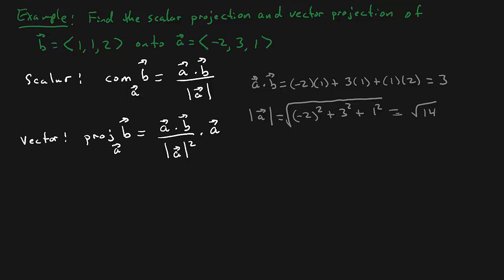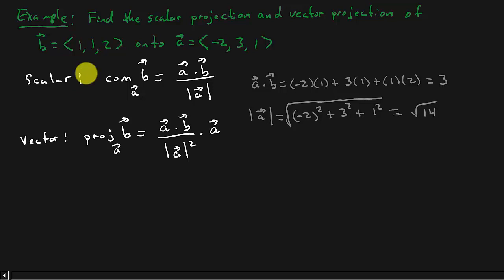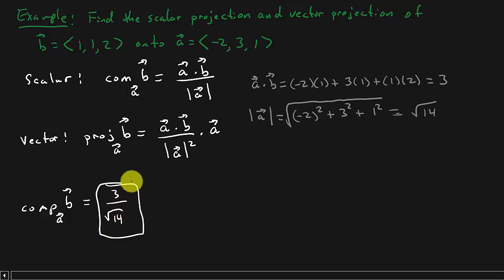Let's find the scalar projection. The scalar projection of B onto A is equal to the dot product, which is 3, over the magnitude of A, which is the square root of 14. And there's your answer.